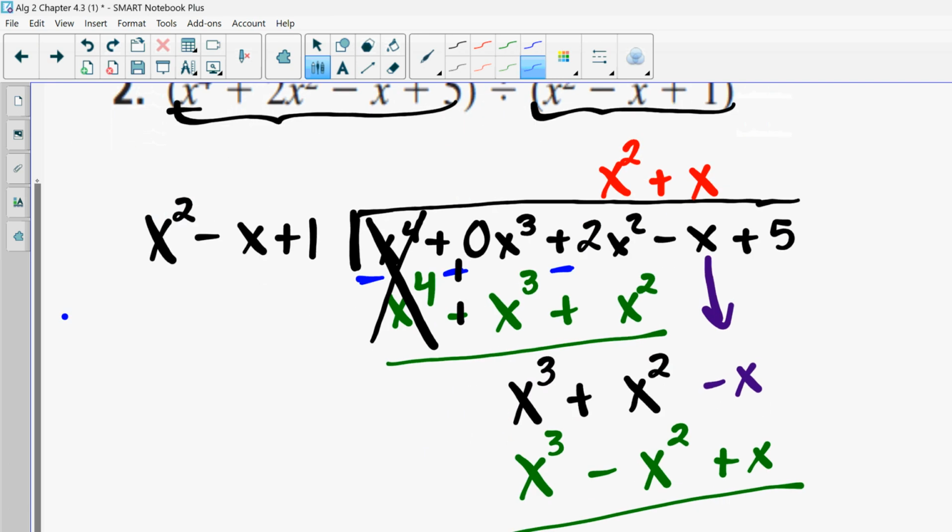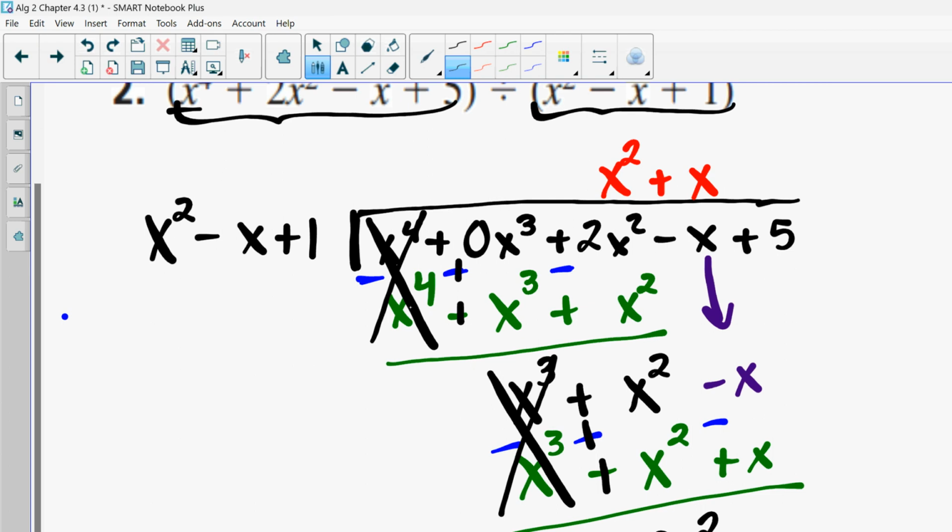And again, just like in the previous step, we're going to subtract. Our x cubed minus x cubed is 0, just like we wanted. X squared minus negative x squared: negative and negative make a plus. X squared plus x squared is 2x squared.